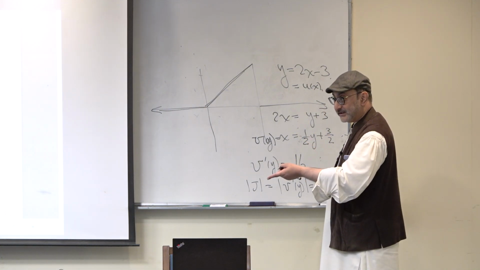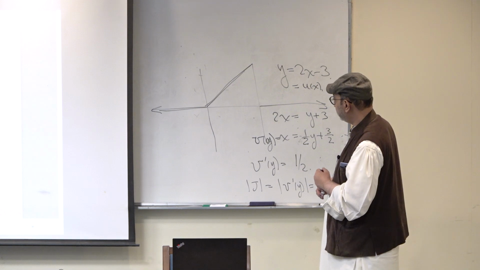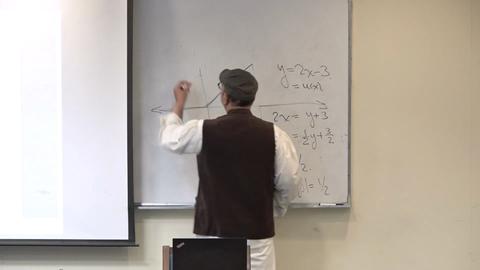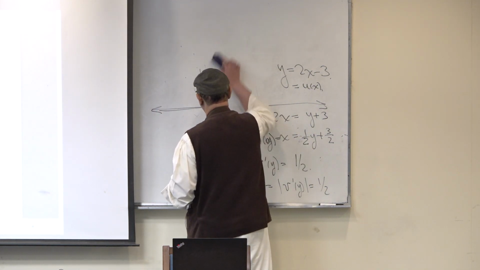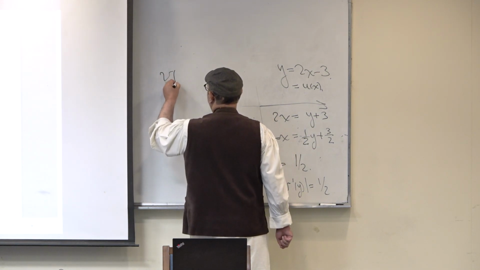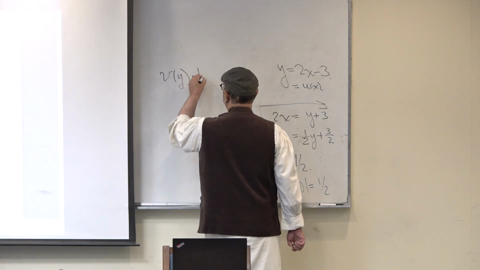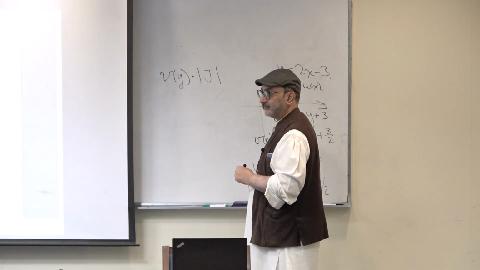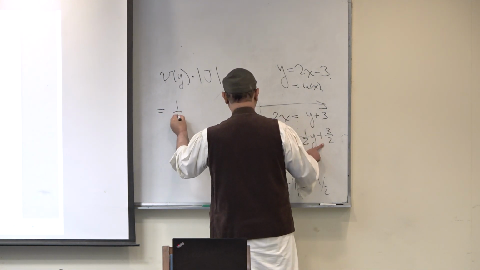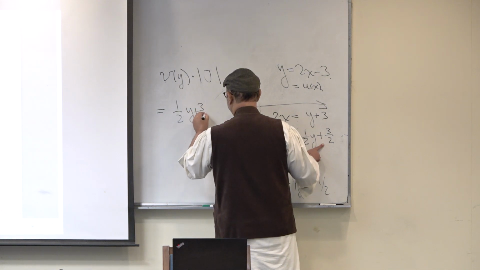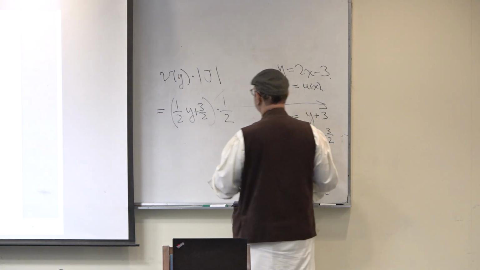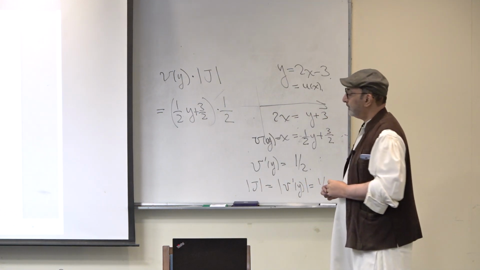And then you have 2 times that. V of y times the absolute value of the Jacobian is, V of y is 1/2 y plus 3/2 times the Jacobian, which was 1/2.